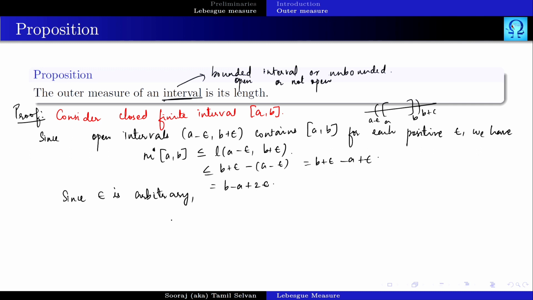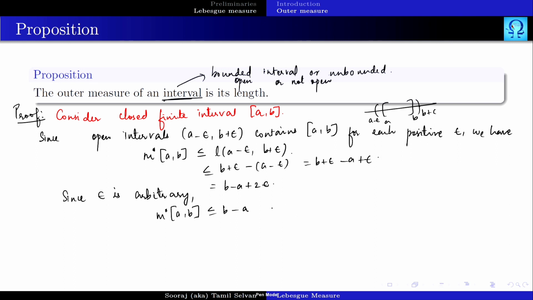So when you take the infimum, we always make epsilon go to 0. So what we get is m star of AB is smaller than or equals B minus A. We mark this as equation 1.